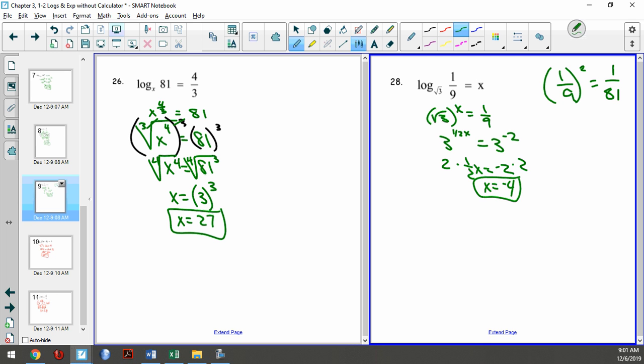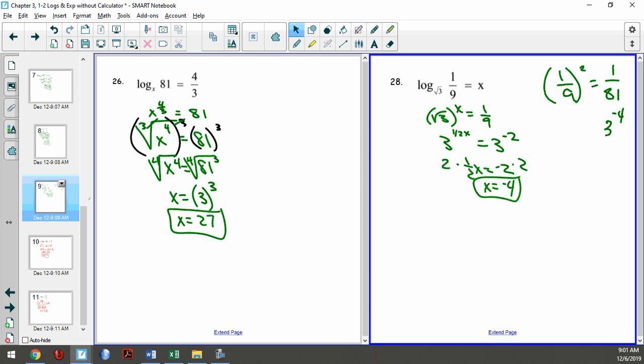Now, technically speaking, technically you could, because this is still going to be 3 to the negative 4, which is what you would have had anyway. So technically you could, but I'd really like you to get in the habit of getting the bases to be exactly the same on each side before you do that, because the power of 1/2 is the same thing as squaring both sides. So I guess that would work.